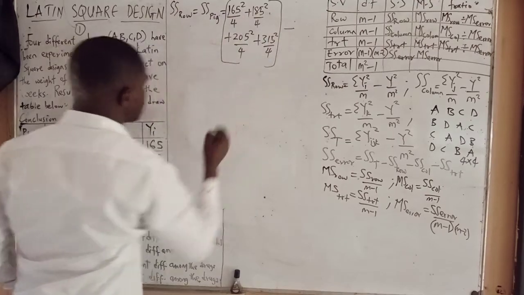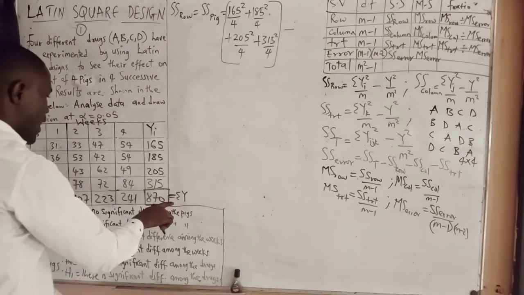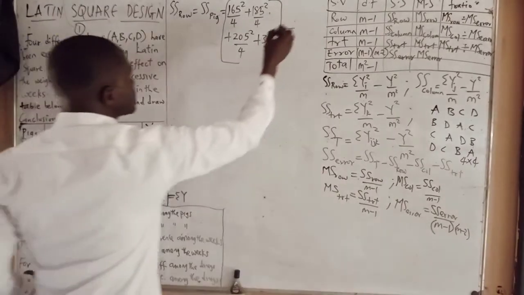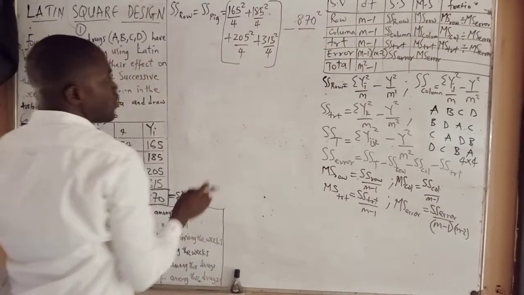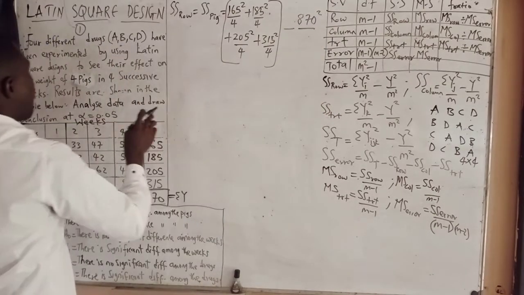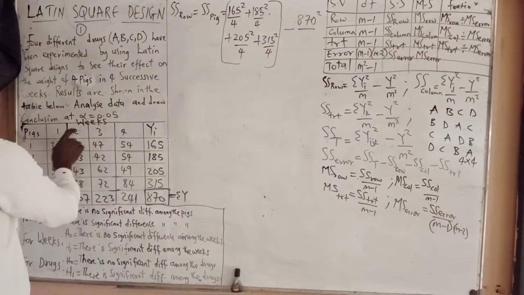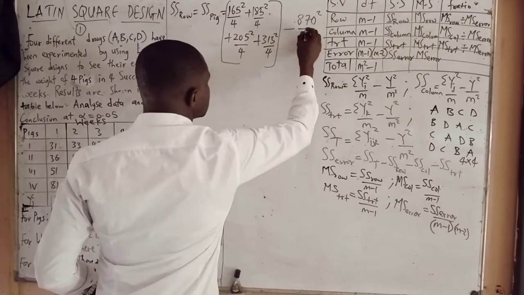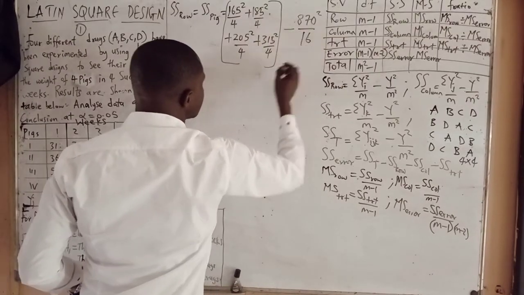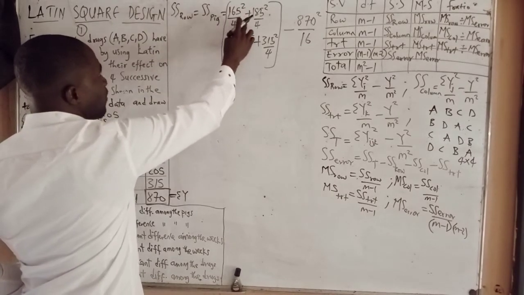Say minus Y squared over m squared. Y squared is what? 870. That is total. 870 squared all over m squared. Our m is 4. Why? 1, 2, 3, 4. So m squared means 4 squared, 4 times 4, 16.